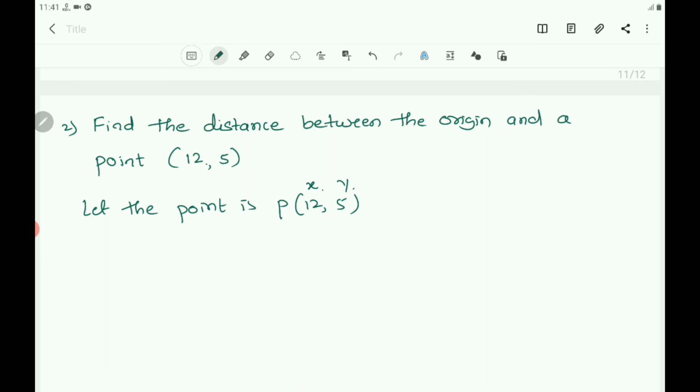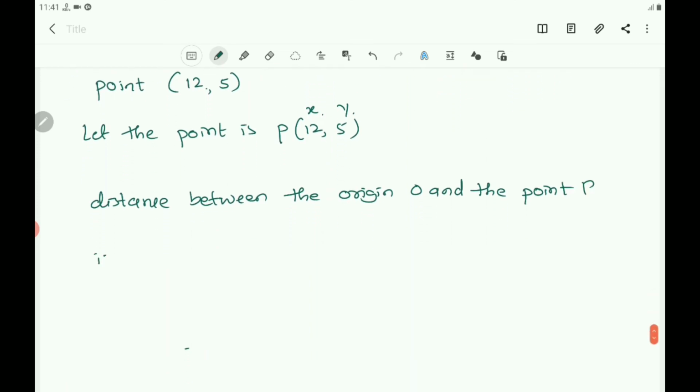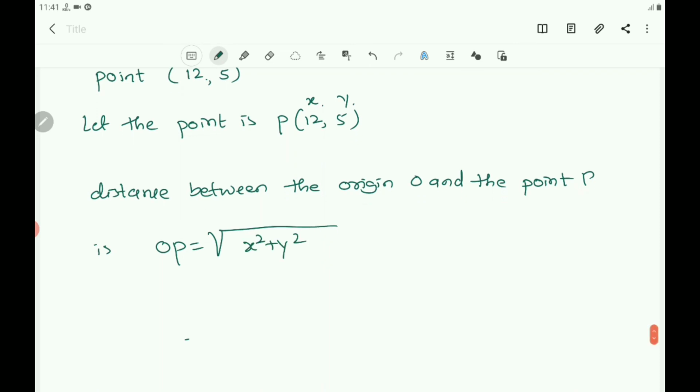Then the other point is the origin, so let us consider that as O. Then the distance between the origin O and the point P is OP equals whole root x square plus y square.